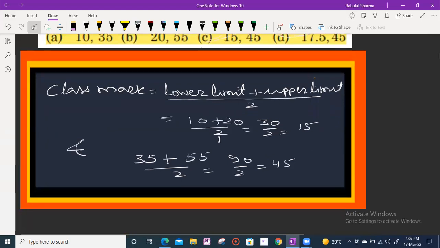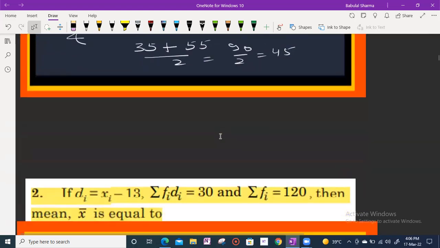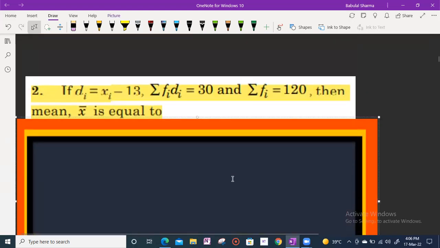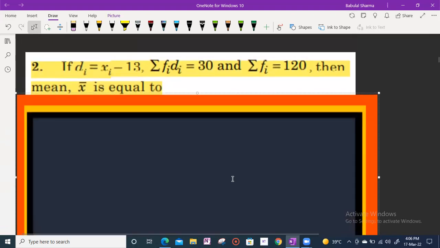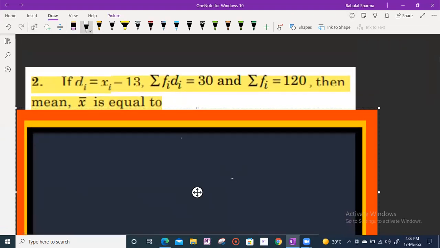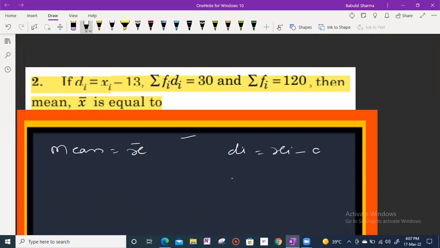Now we come to the second question. In this question, if di, that is xi minus 13, and the total of fi into di is 30, and the total of frequencies fi is 120, then what is the mean X bar? We know that di is equal to xi minus a.